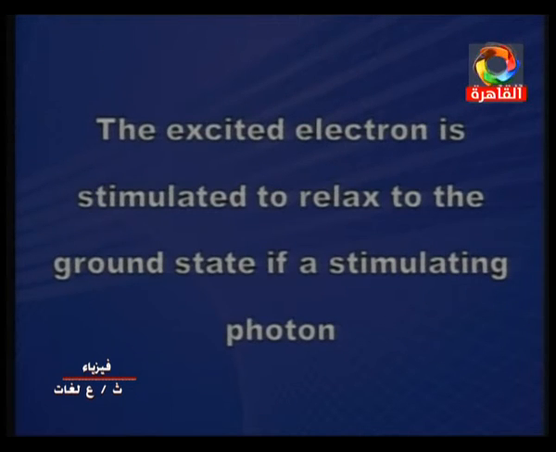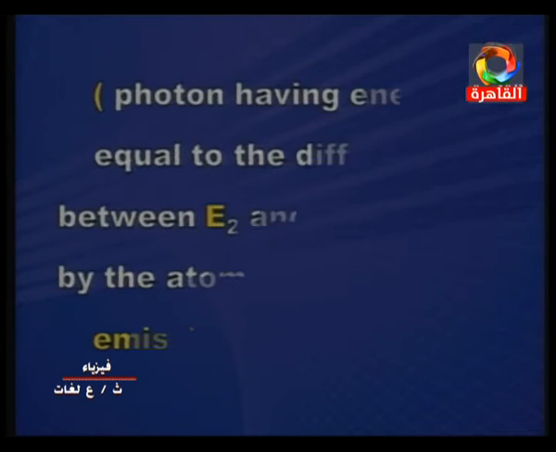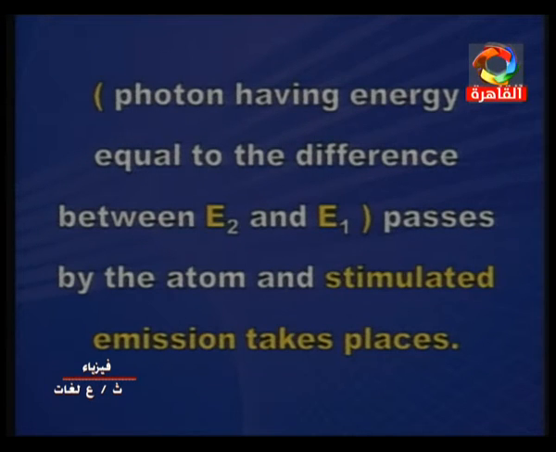Another possibility, the excited electron is stimulated to relax before its lifetime is over, to make transition to the ground state. If a stimulating photon, an appropriate photon having the right energy, which is the difference between E2 and E1, passes by the atom and stimulates it, in this case we have a stimulated emission.